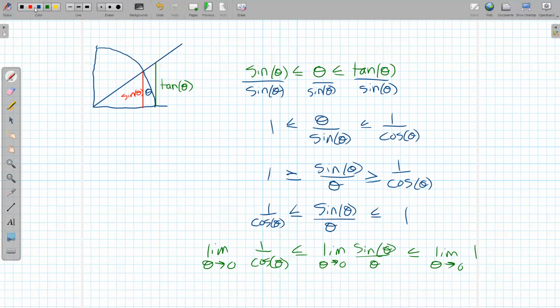So the easiest one to resolve here first is, well, as theta goes to 0 of 1, who cares what theta is doing? 1 is 1. So I get a 1 right there. Over here, I can take the limit of the quotient if they exist. Well, the numerator clearly exists as 1. Then the question is, well, what is the cosine of 0? Anybody?